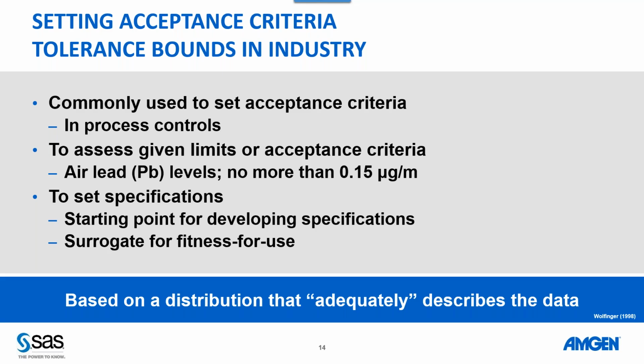And I mentioned this before, we mentioned this last week, that we tend to use a normal distribution for everything. And even software by default uses a normal distribution. So if you go to SAS or JMP to compute a tolerance limit and you hit return, then you're signing on the dotted line that the distribution you're using is the normal. And you'll see that in some cases that is not the most appropriate thing to use.